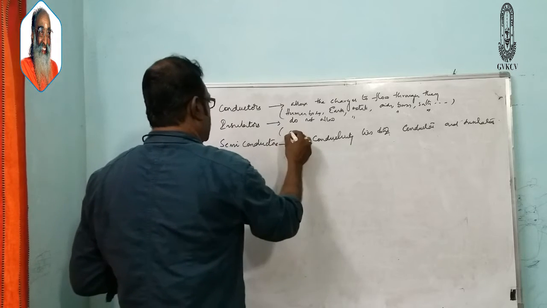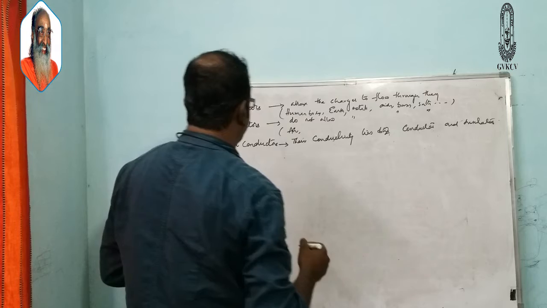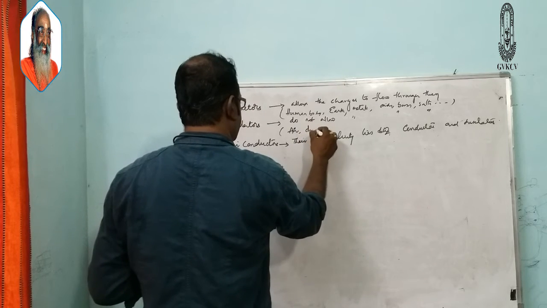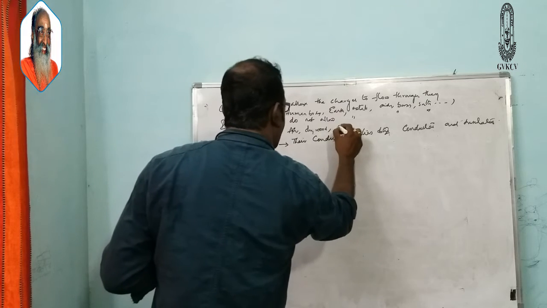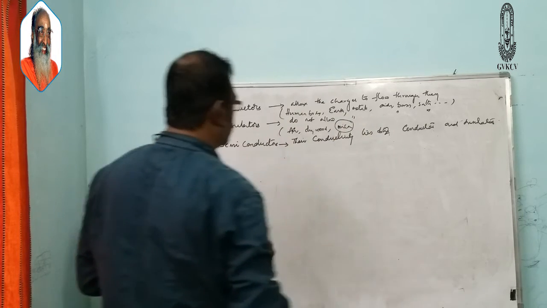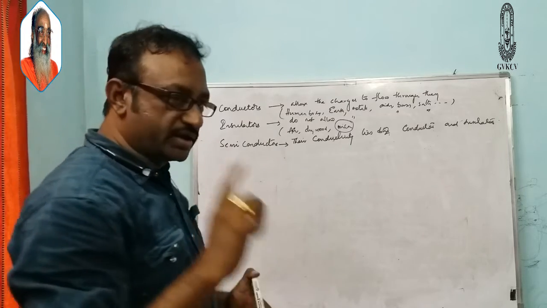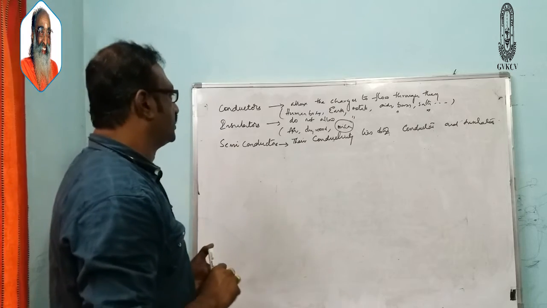Insulators: we talked about air is an insulator, and dry wood, not wet wood, dry wood, and mica. One more important thing you should keep in mind: mica is a bad conductor of electricity and a good conductor of heat.